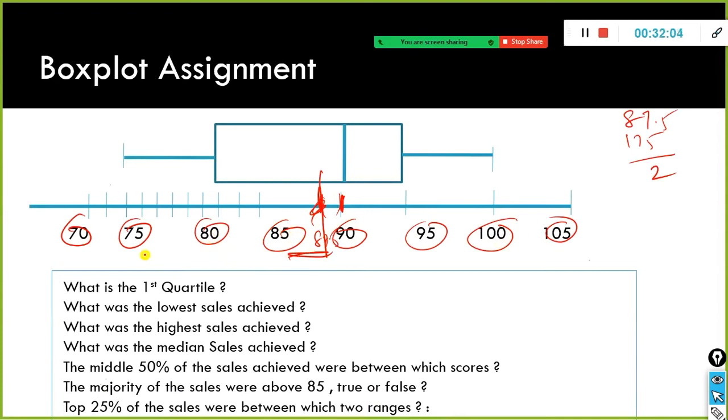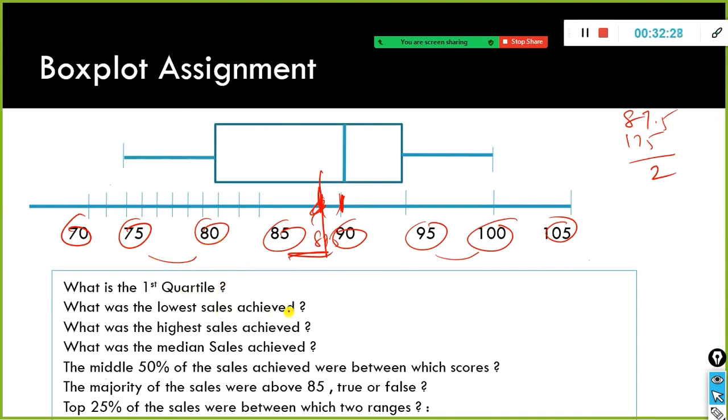You need to add these 2 values and divide by 2. Got it? So if you add these 2 values and divide by 2, that is the first quartile.